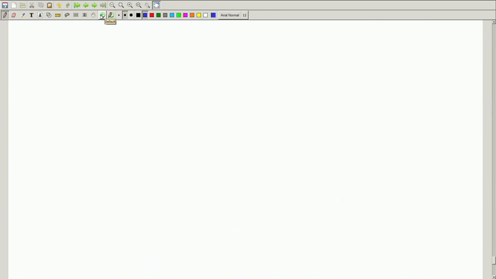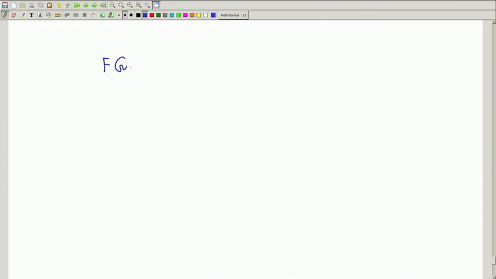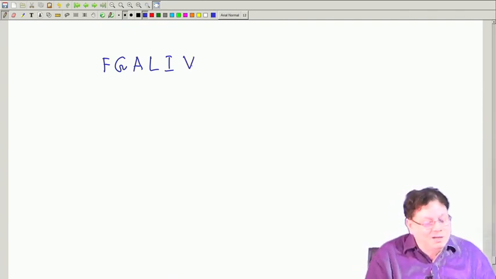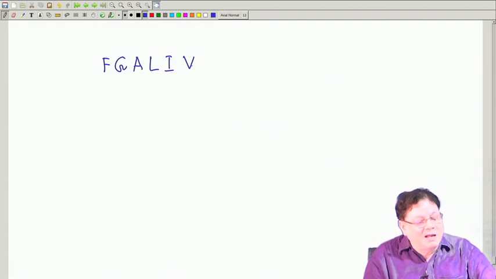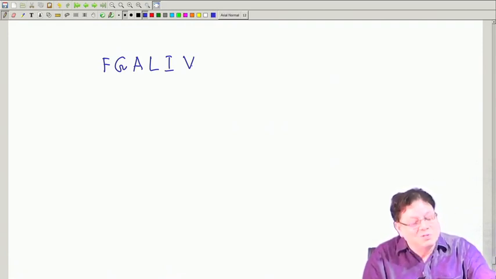Now, the question is, when I have an unknown peptide, how do I know which amino acid is linked to what? Okay. So, let us again take a similar peptide, I do not know what I wrote there, but F, G, A, L, suppose I, V. From now on, we will try to write it in only letters: phenylalanine, glycine, alanine, leucine, isoleucine, valine.